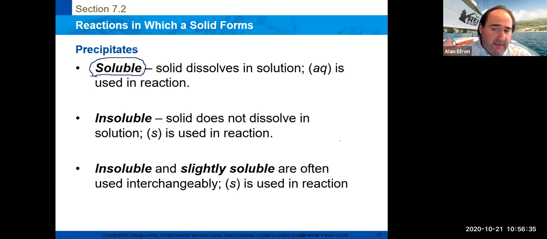So it will mix really well. It also means if you put two liquids together, they will mix and look just like one liquid. You wouldn't see any layers. And if we determine based on solubility rules that something is soluble, those guys should get the aqueous symbol. The aqueous symbol is what we use for solutions where everything mixes together really well.